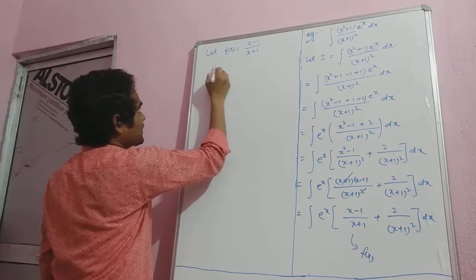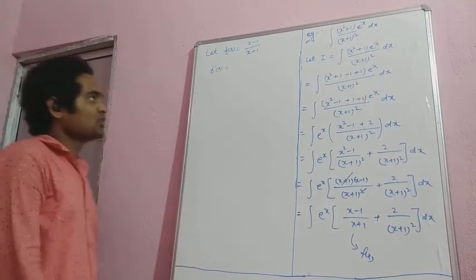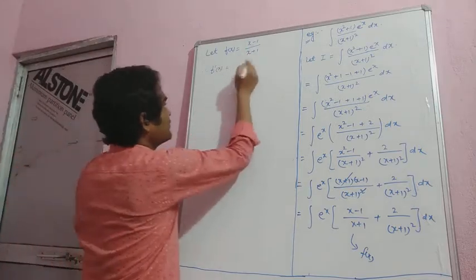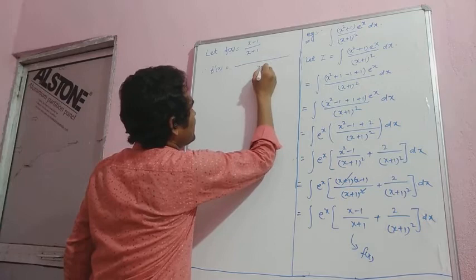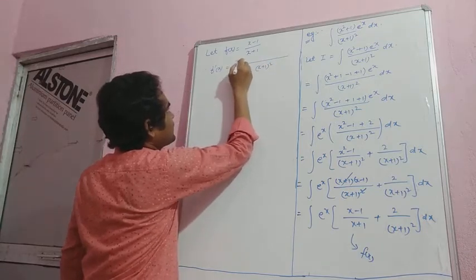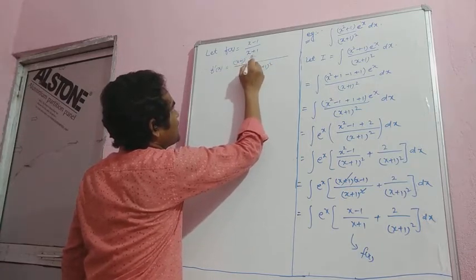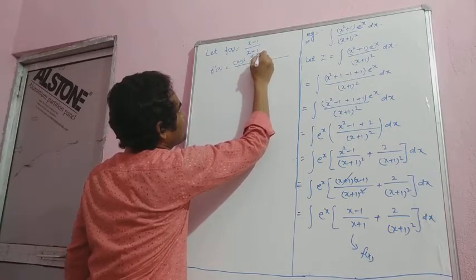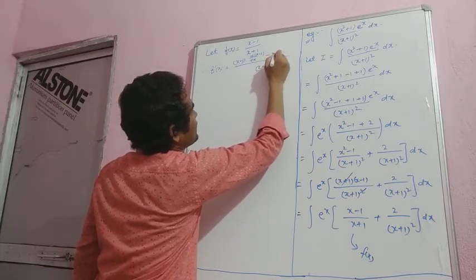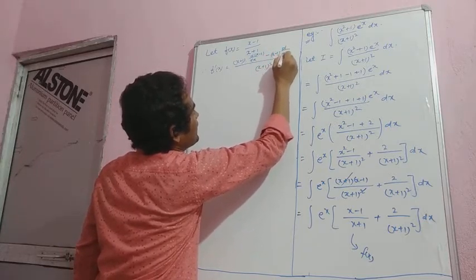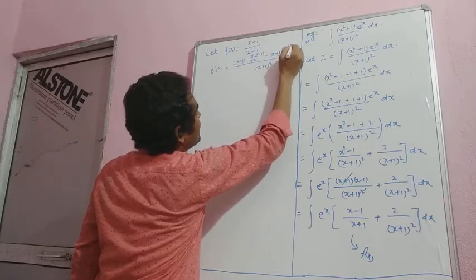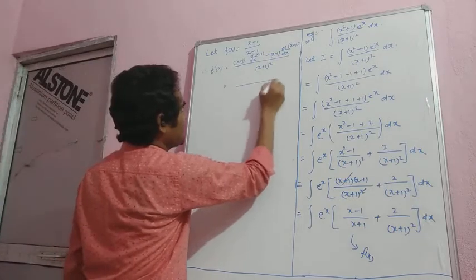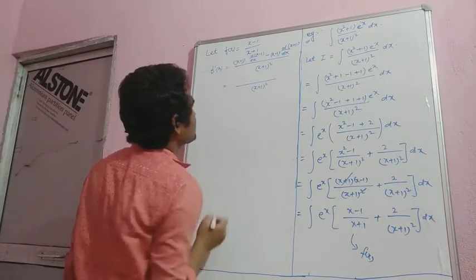Therefore f dash x is equal to, using the quotient rule of differentiation, we have (x plus 1) into the derivative of (x minus 1) minus (x minus 1) into the derivative of (x plus 1), upon (x plus 1) whole square.